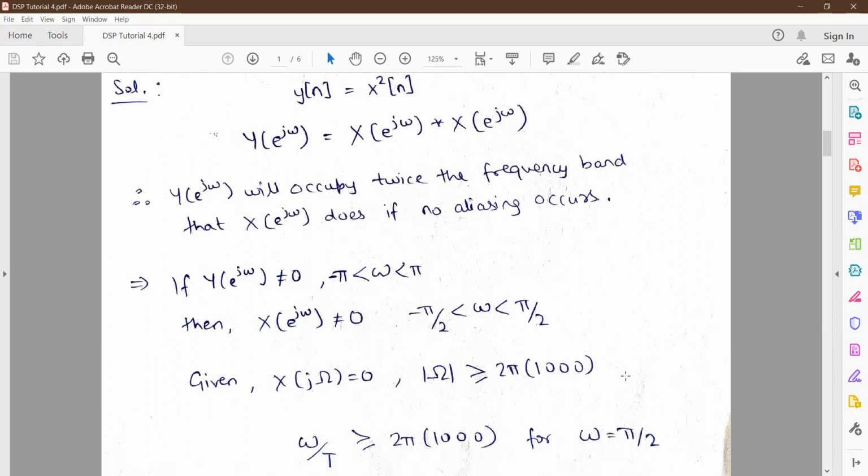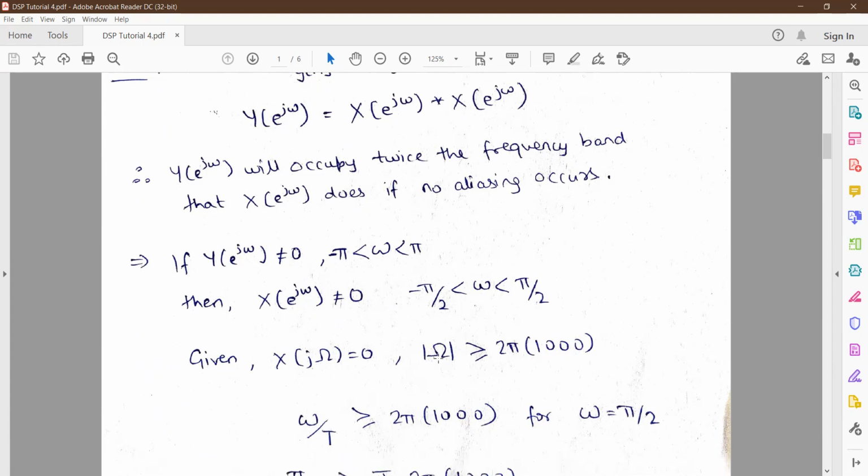This 2π into 1000 is capital Ω, and we know the relation between capital Ω and small ω: small ω scaled by T is equal to capital Ω. So we can substitute it here, and this small ω will be nothing but π by 2, because that is the upper limit for x.